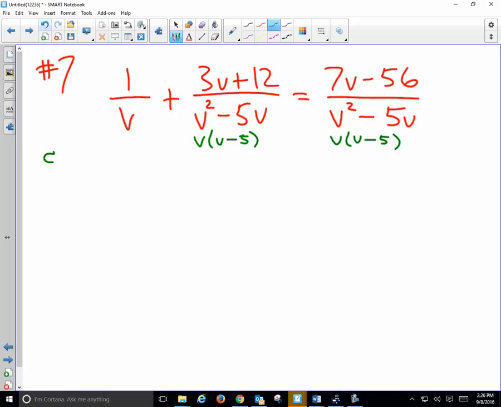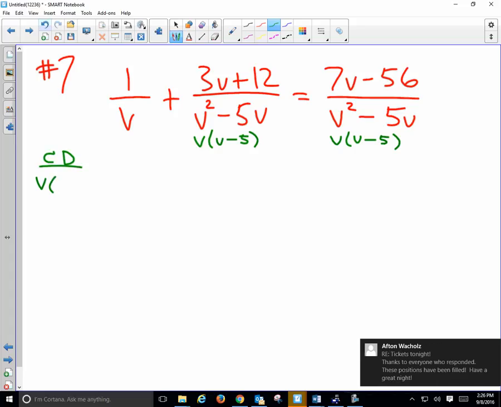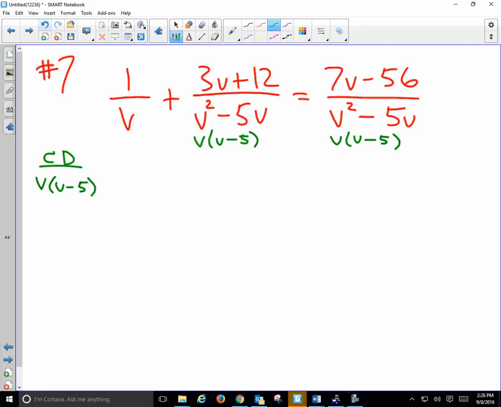Can you tell me what the common denominator is? v times v minus 5. Write it like that. What does this need in order to have a common denominator? v minus 5. So 1 times v minus 5 is v minus 5.